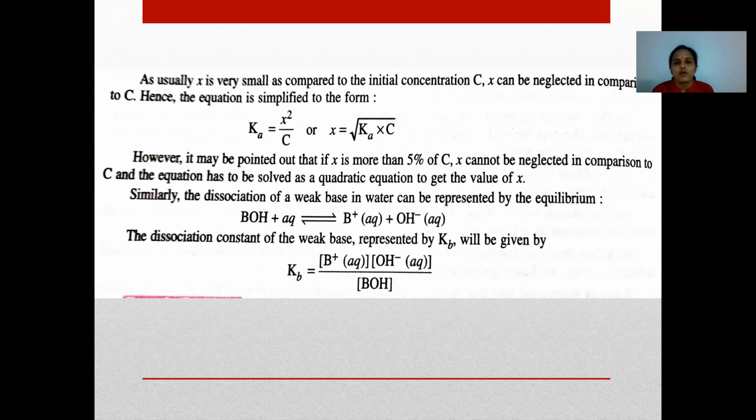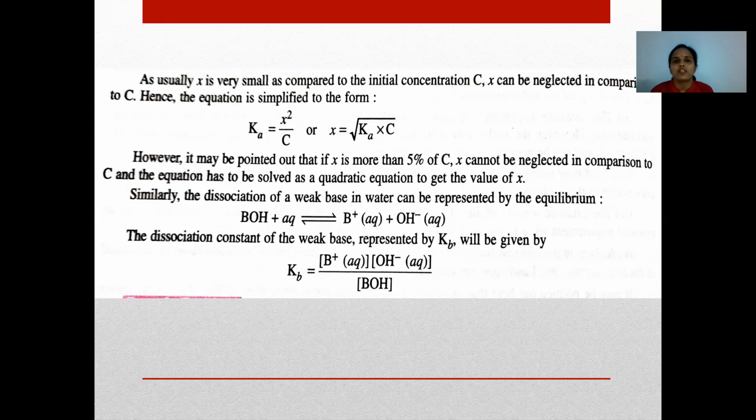Usually X is very small as compared to the initial concentration C, so X is neglected in comparison to C. So the equation is simplified to the form Ka equals X squared upon C, or X equals root over Ka into C.